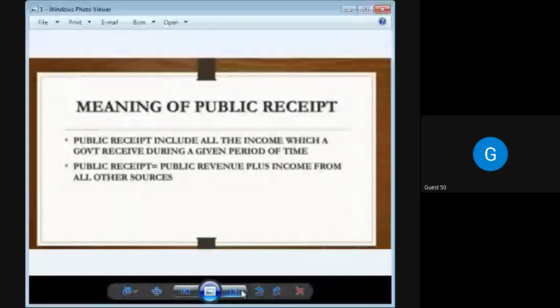Whatever income the government has earned for that particular time period is known as a public receipt. And for public receipt, we add public revenue plus income from other sources. So this is about the public receipt. Before finding out the public receipt, it's very important to find out what the public revenues are, what the incomes of the government are.